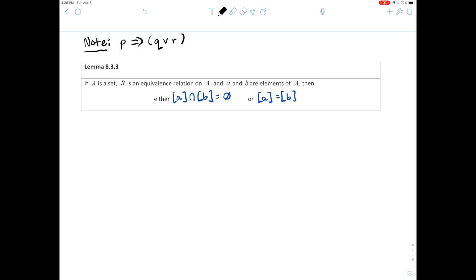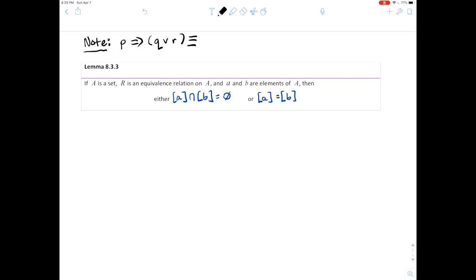You're assuming P to be true, right? And so then only one of Q or R needs to be true, right? So it turns out that this is logically equivalent, and when we did our truth tables, we found this.